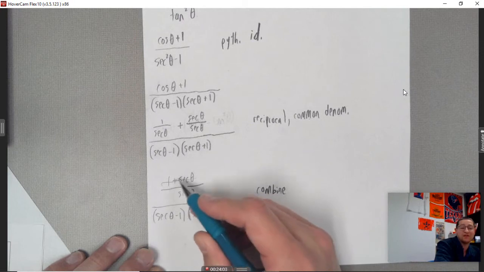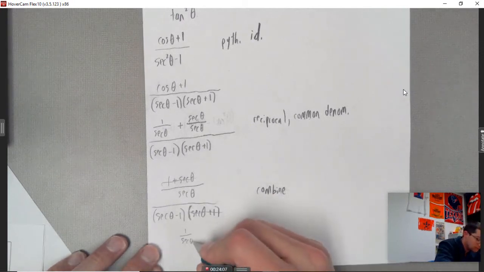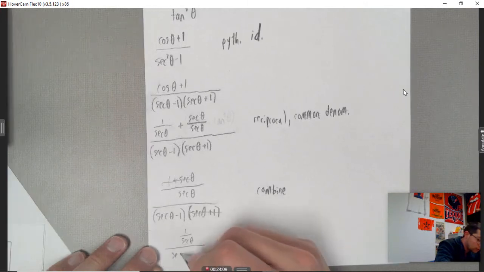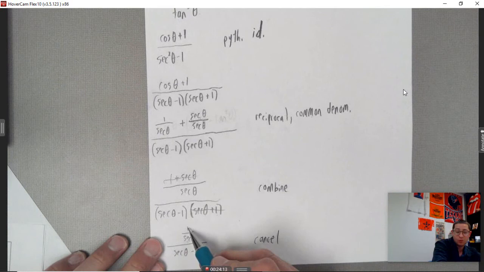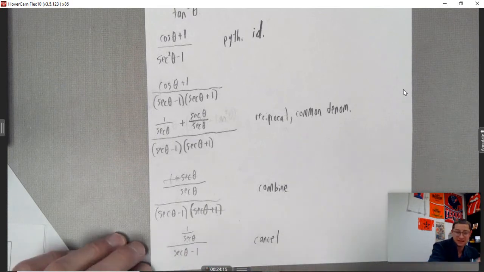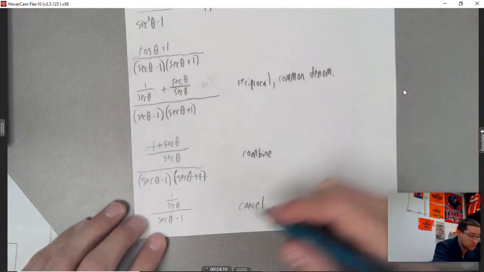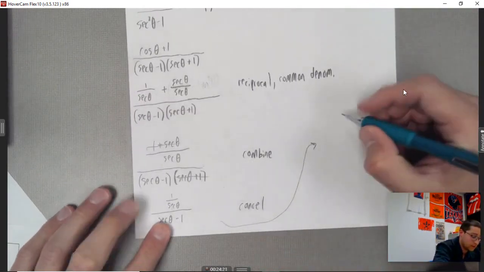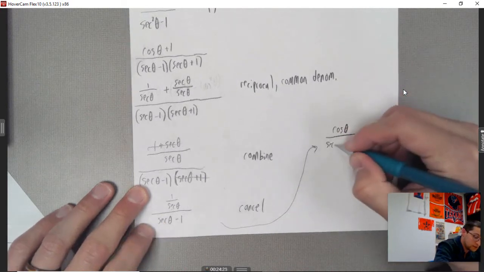But be careful up top, because now I'm left with 1 over secant of theta on top, all over secant of theta minus 1. Well, what is 1 over secant theta? That is cosine, and that is our goal, and we are done with this particular problem. Okay, so it's the cosine of theta over secant of theta minus 1.